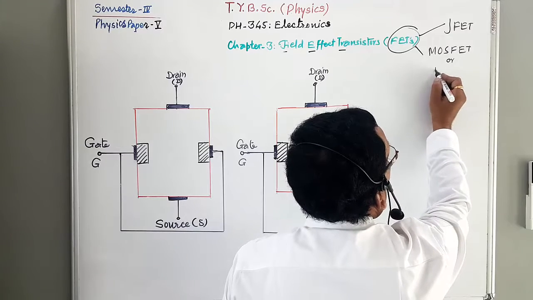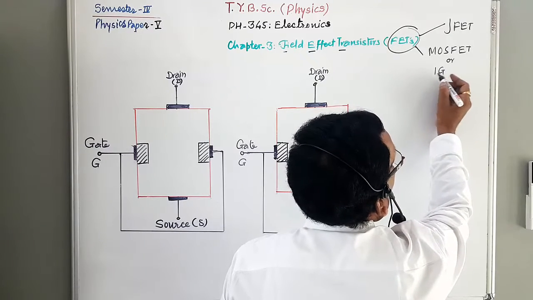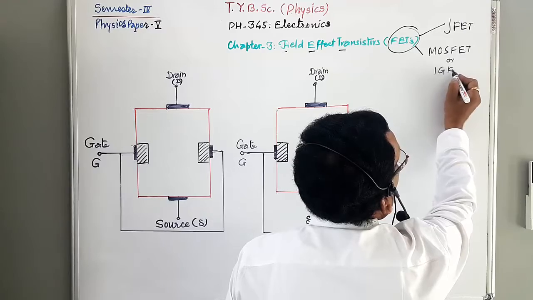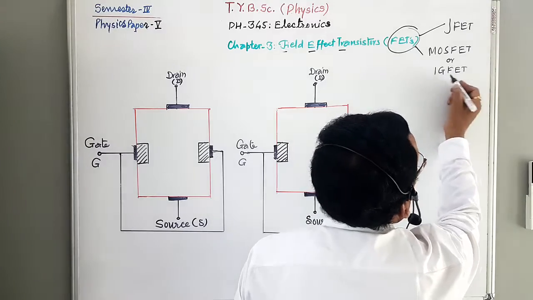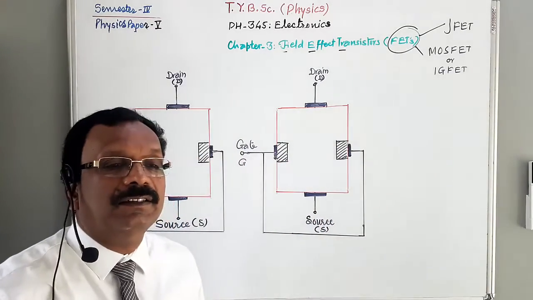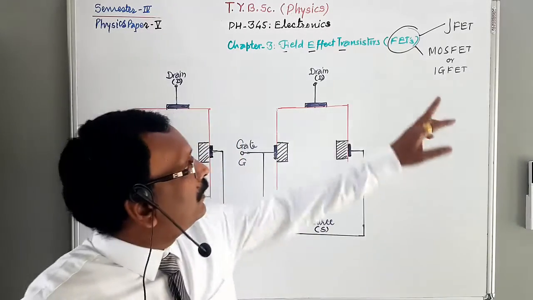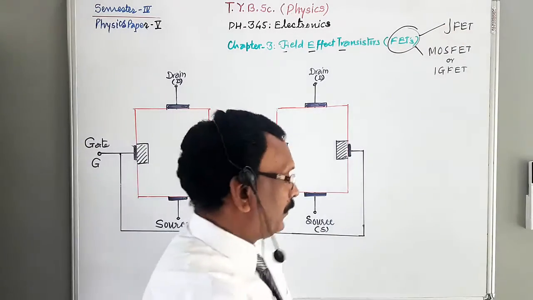Sometimes this is also called insulated gate field effect transistor, that is IGFET. These are the two main types.